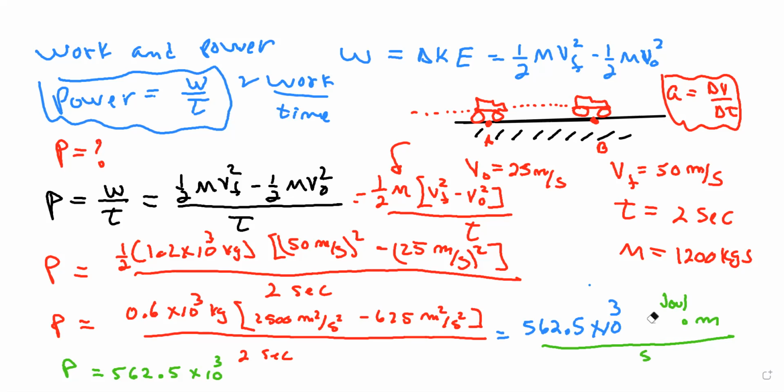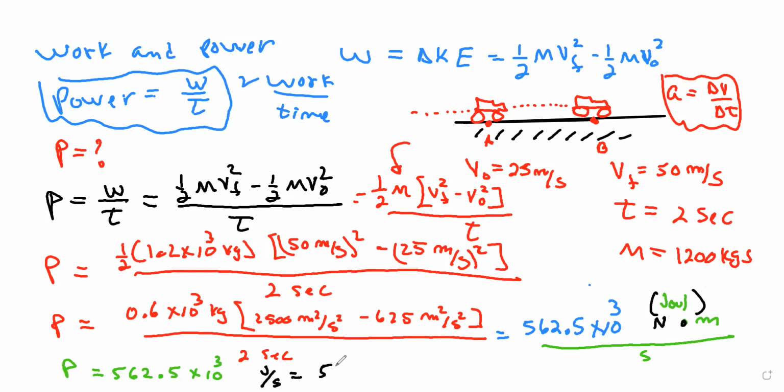So it's going to be Newton times meter, which gives you the joule. And you end up with joule over second. And that's going to be watts.